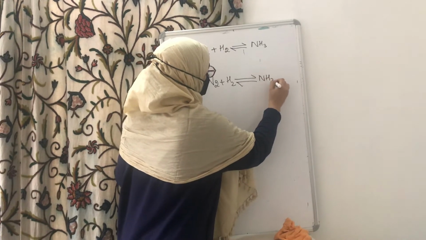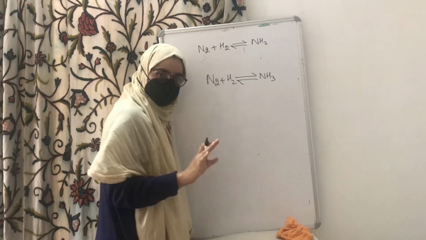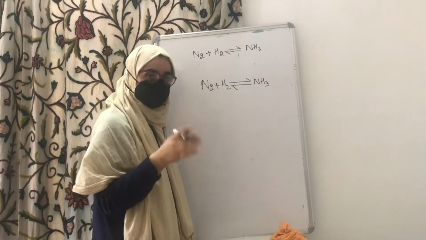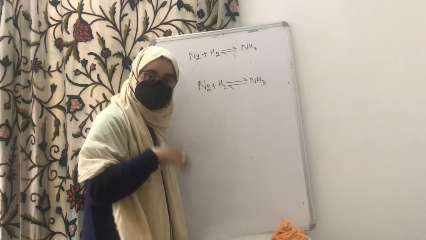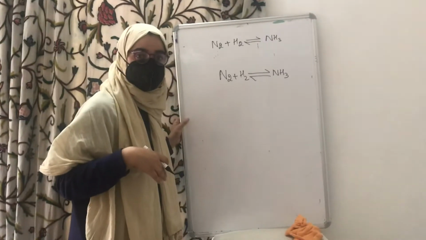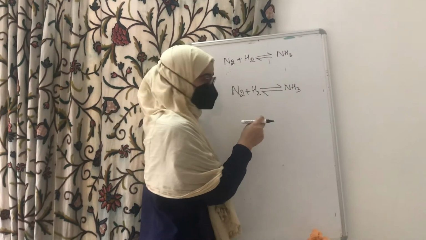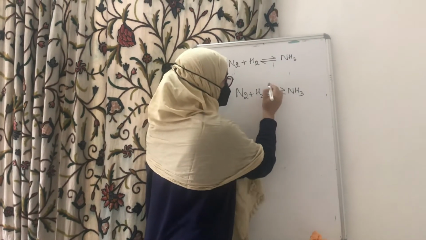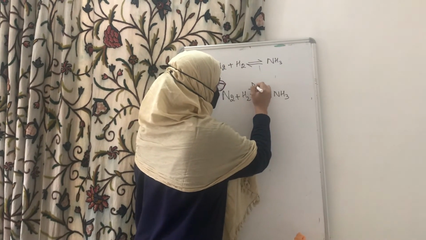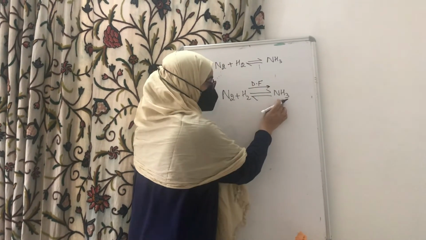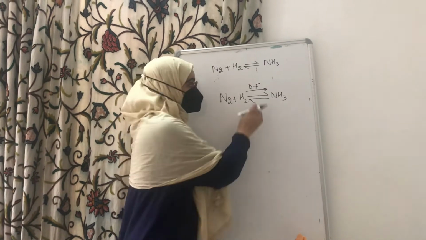This is a thermodynamic process, but this is not the system that we will study to understand reversible and irreversible processes. This is just an example. N2 plus H2 gives NH3. Now here, this is the driving force for forming ammonia.